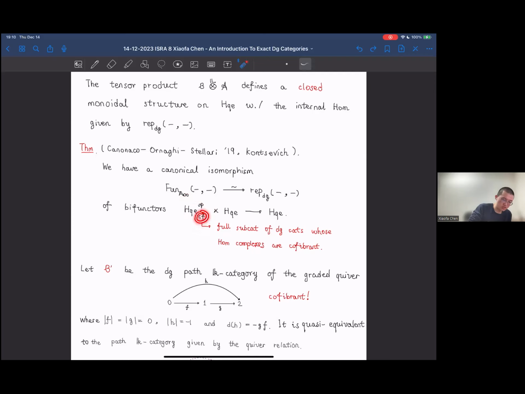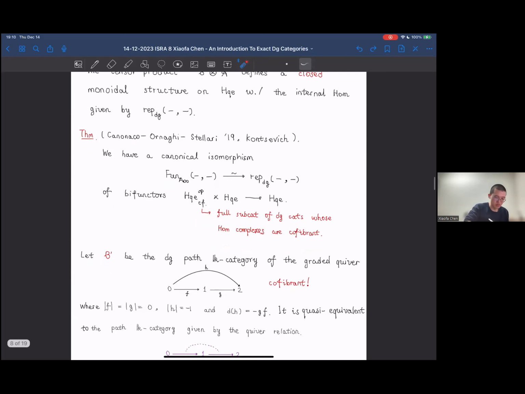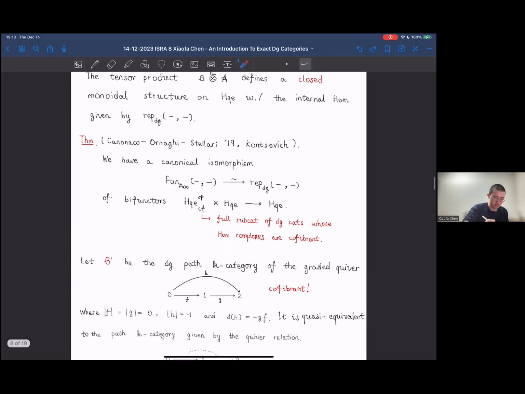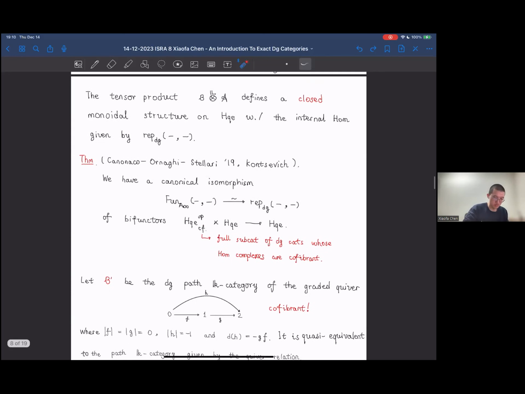Here it is a full subcategory, consisting of DG categories with cofibrant Hom complexes. This is just for technical reasons, but for the DG categories that we are considering, it will all be cofibrant.